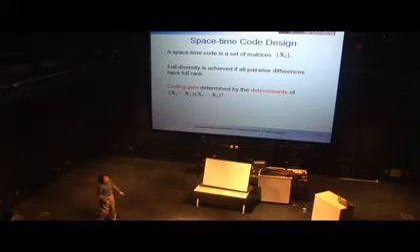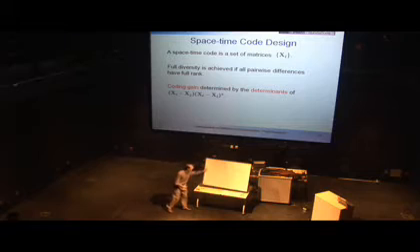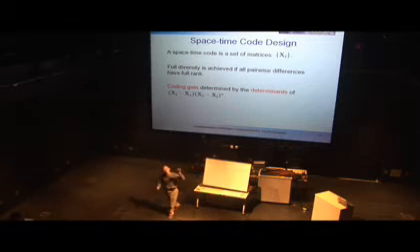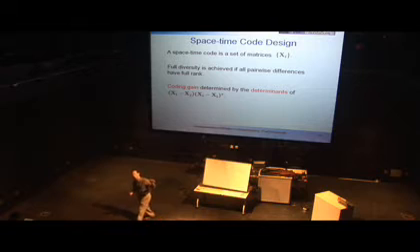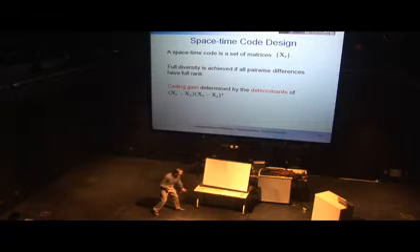So here, in space-time codes, a code word is no longer a vector, but a matrix. Like in the Alamouti case, the matrix is U1, U2, minus U2 star, U1. It's a matrix. The matrix is space-time because the columns refer to time and the rows refer to space. So you have a bunch of code words.